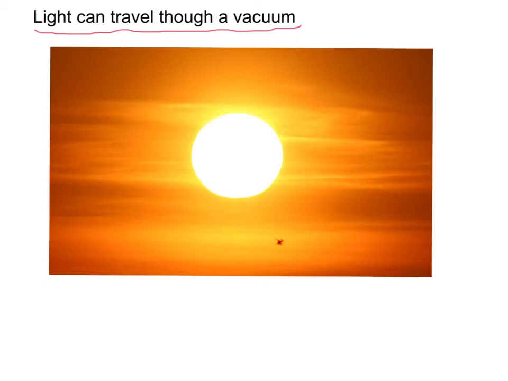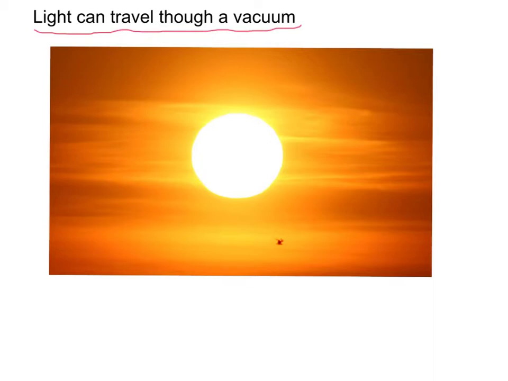It doesn't need to push particles through the air, or particles through the ocean, or particles through plastic or whatever it is. It doesn't need to push anything. It doesn't need something to be vibrating to start. It doesn't need anything to be vibrating to continue. So that means that light can travel through a vacuum.